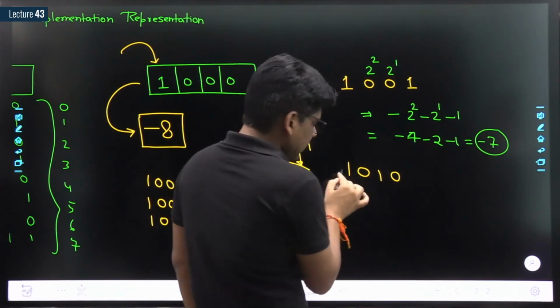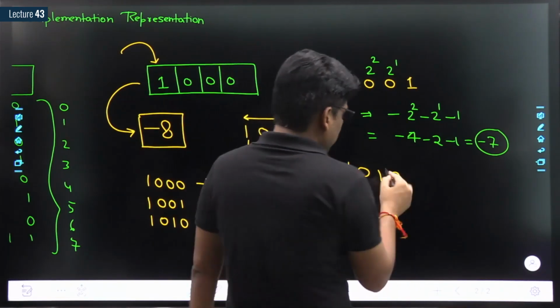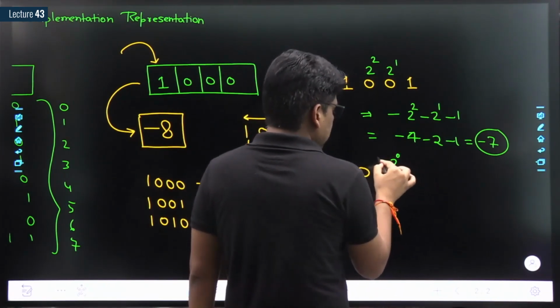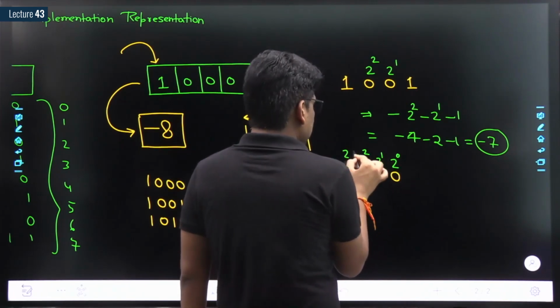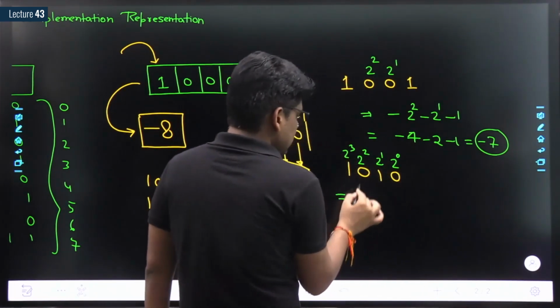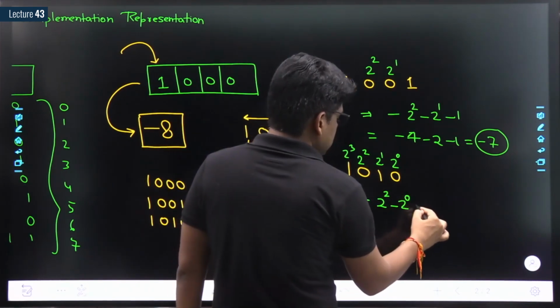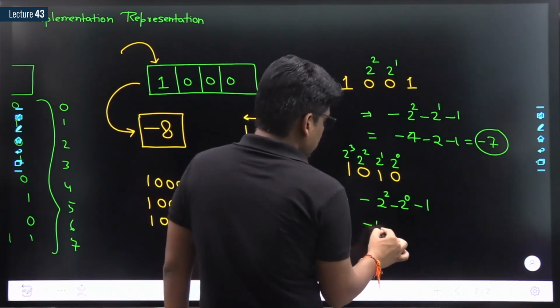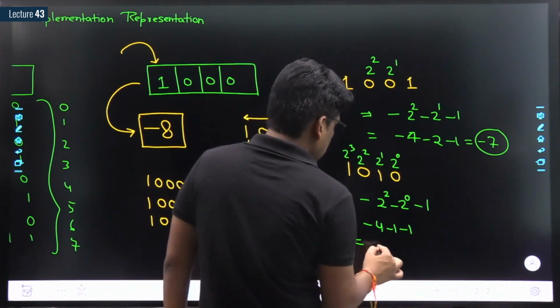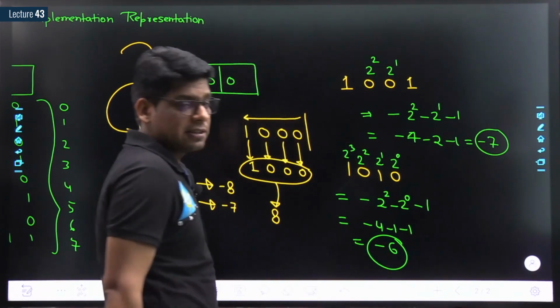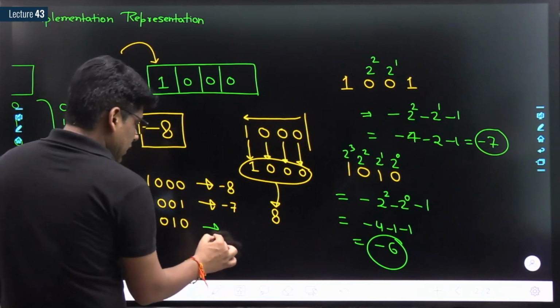I know this is a negative number in 2's complement, so focus on zeros. The value is minus 2 to the power 2, minus 2 to the power 0 and extra minus 1. So minus 4, minus 1, minus 1. Sir, it is minus 6.